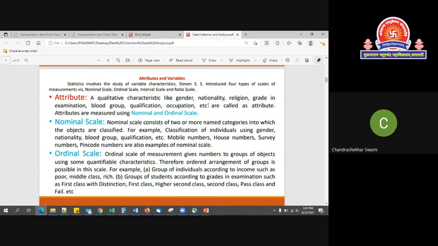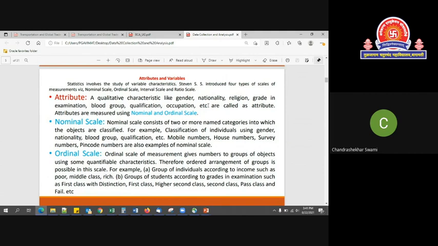What is meant by ordinal scale? Ordinal scale of measurement gives the number of groups of objects using some quantifiable characteristics. Therefore, ordered arrangement of groups is possible in this scale. For example, group individuals according to their income. Income may be below 10,000 per month, 10,000 to 50,000 per month, 50,000 to 1 lakh per month, and accordingly we are classifying the people into such types of groups.